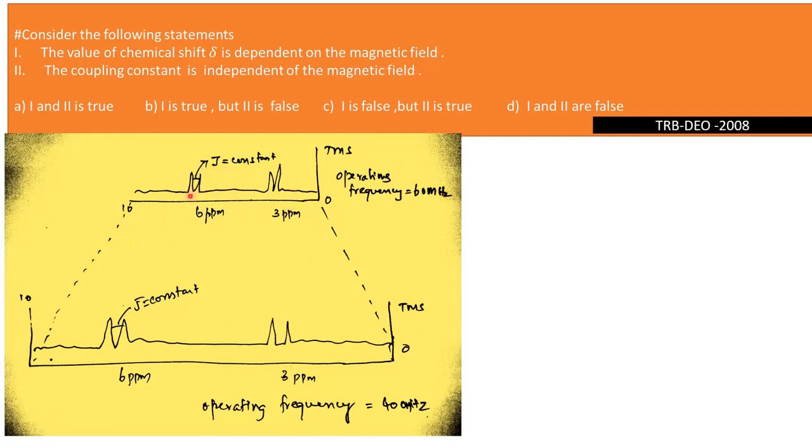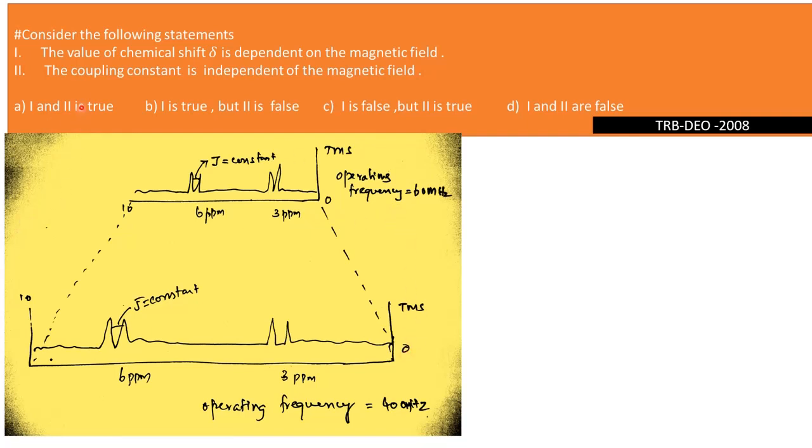The same compound studied at an operating frequency of 400 megahertz shows the same signals with the same values. So the operating frequency is different, but the chemical shift values are the same, and J is the coupling constant. So the coupling constant and chemical shift are independent of the operating frequency or the applied magnetic field.